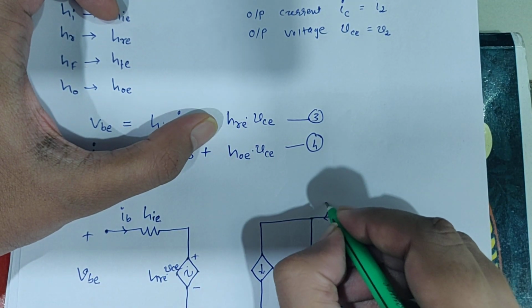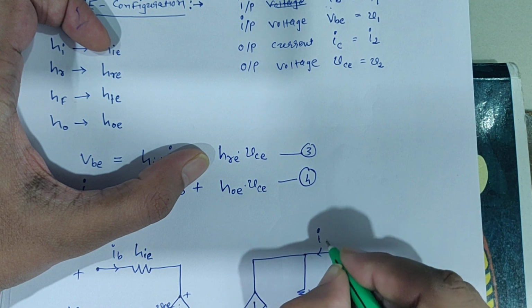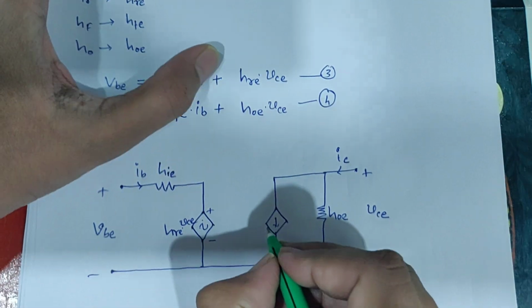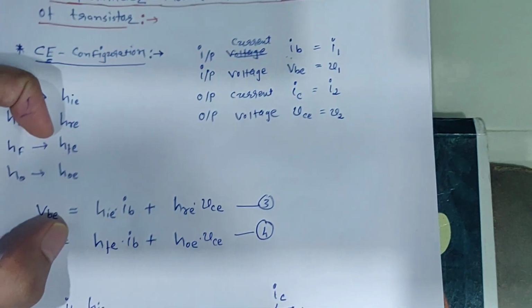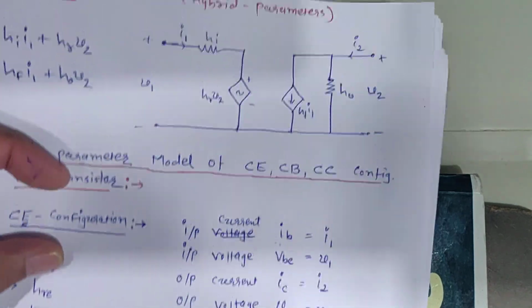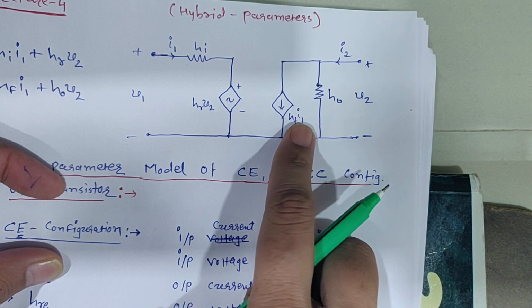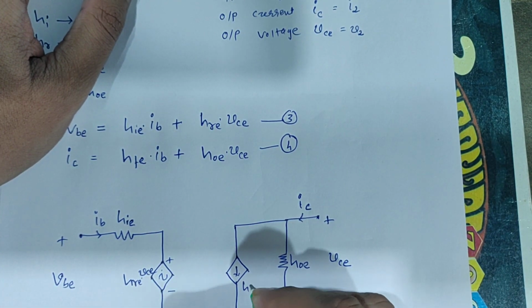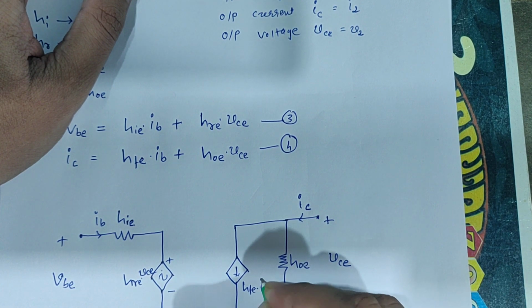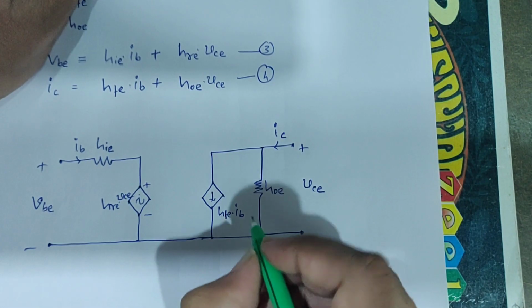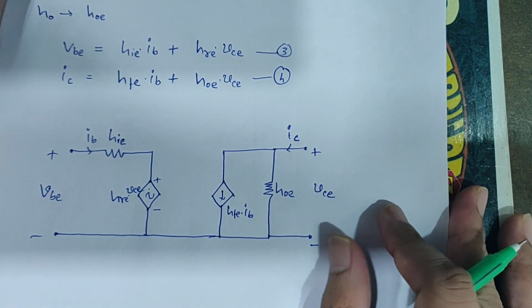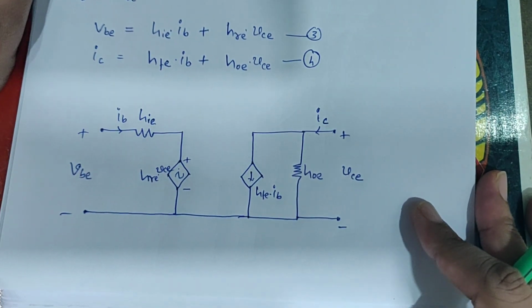Now here it is I2, so I2 is replaced by IC. And this is a dependent current source. The dependent current source in this circuit is HF into I1, so HFE into I1, and I1 means IB.